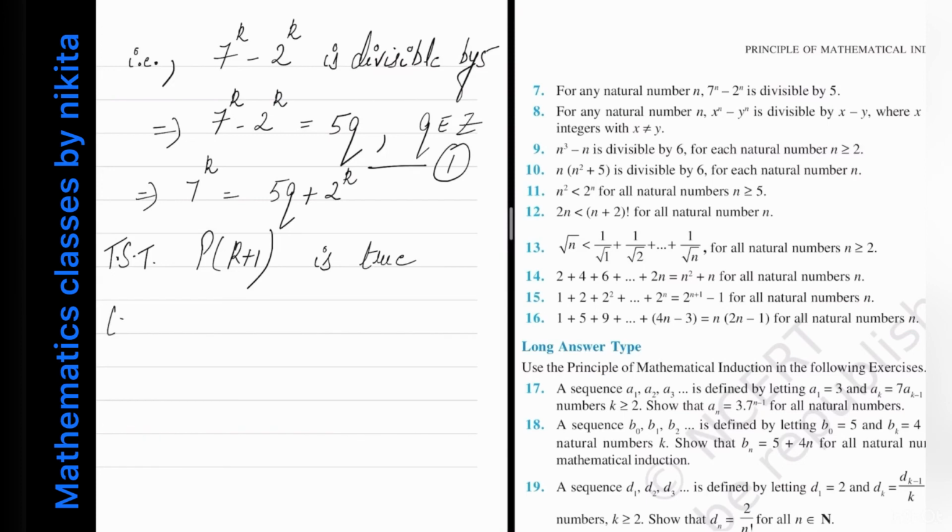So for that you consider 7 to the power K plus 1 minus 2 to the power K plus 1. So I can write this as 7 to the power K into 7 minus 2 to the power K into 2. Now what I will do, I will substitute the value of 7 to the power K. You can also substitute the value of 2 to the power K, जैसा आपका मन करे. Both ways it will come out.